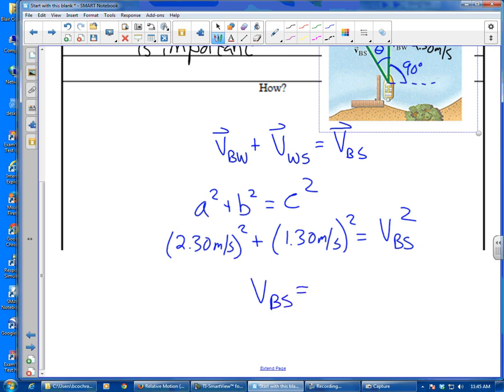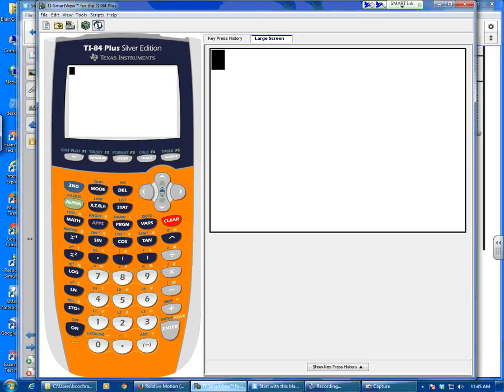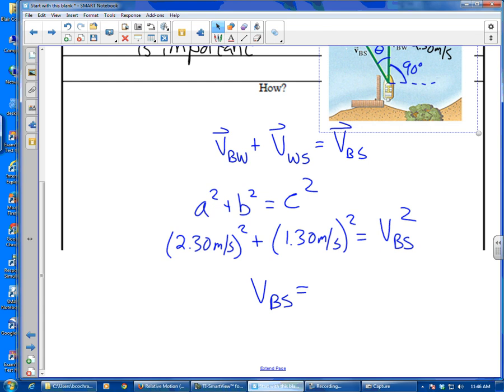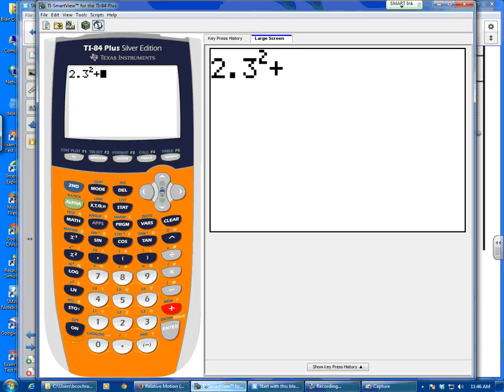Notice I didn't put the vector mark on it. 2.3 squared plus 1.3 squared, and I get 6.98.